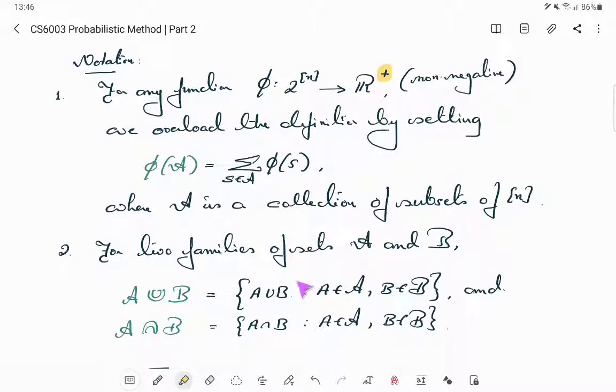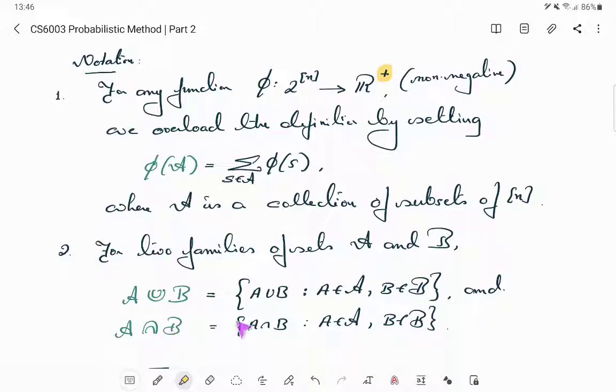Because for each pair you take a union, but some of them may collide. Maybe some A1 union B1 will turn out to be the same as A1 union B2, and hence it's not necessary that you will have mn elements, but it can be as high as mn.